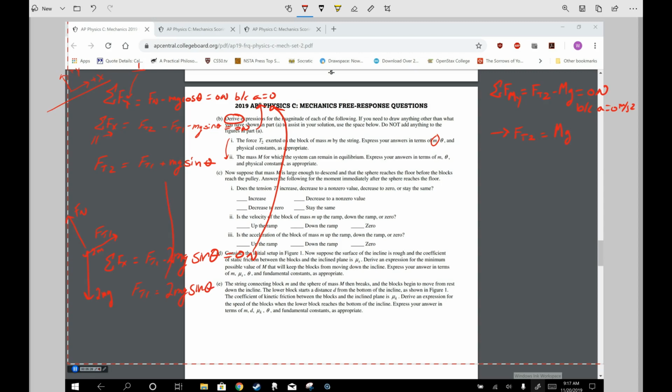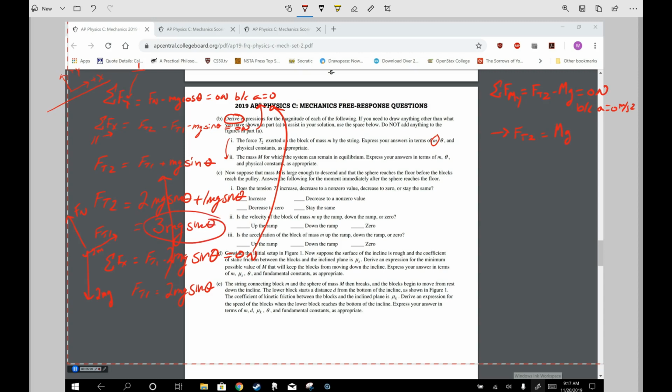And now we need to substitute up here. So Ft2 equals 2mg sine theta plus 1mg sine theta, right, which is then just simply 3mg sine theta.